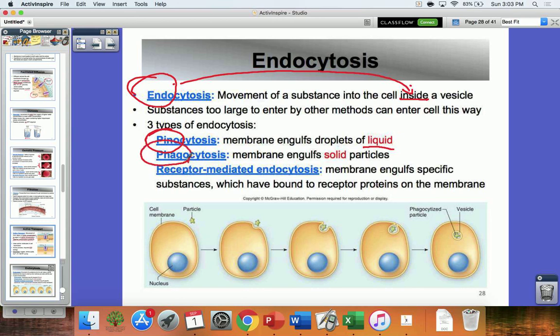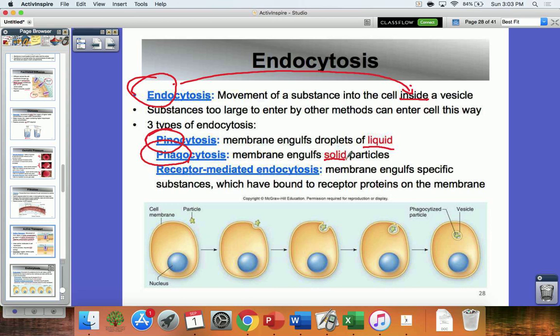Phagocytosis, engulfing a solid. And receptor-mediated endocytosis, which means that we're engulfing things, but in this case, they have receptors on the membrane that are going to recognize what needs to be engulfed so that it can go through endocytosis.